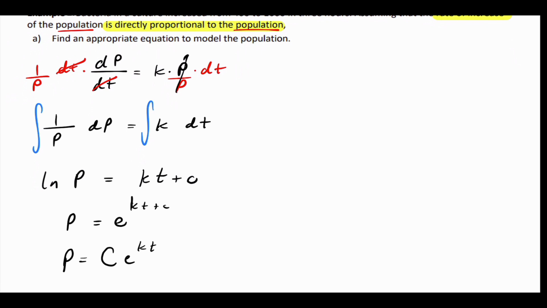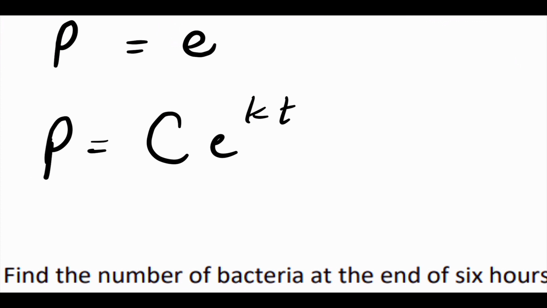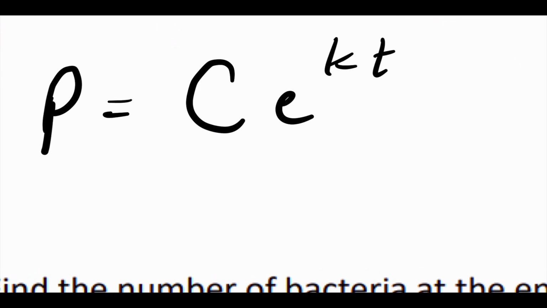How many variables do I have here? How many things that I don't know that I would need to know do I have in my equation? Is P a variable? Yeah, right? Plug in. I don't know that. I need to know that.